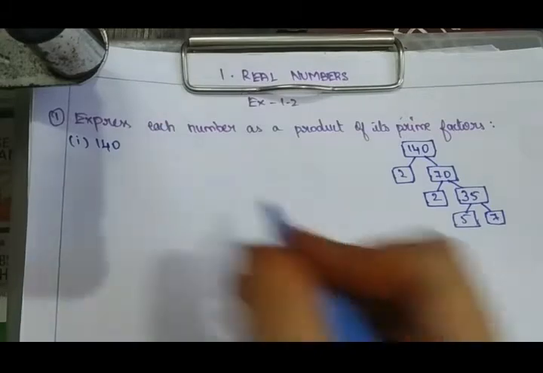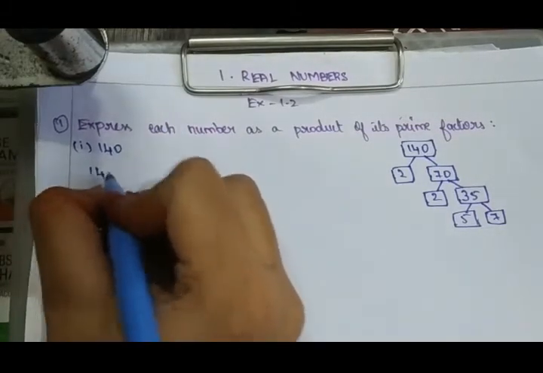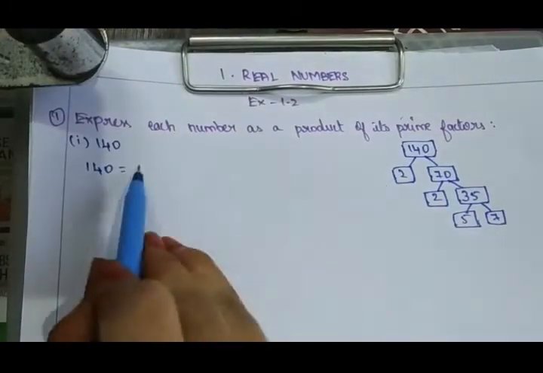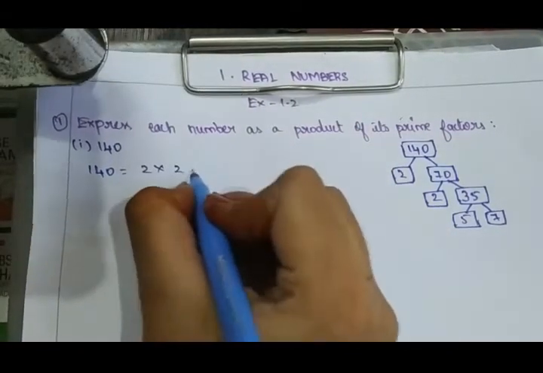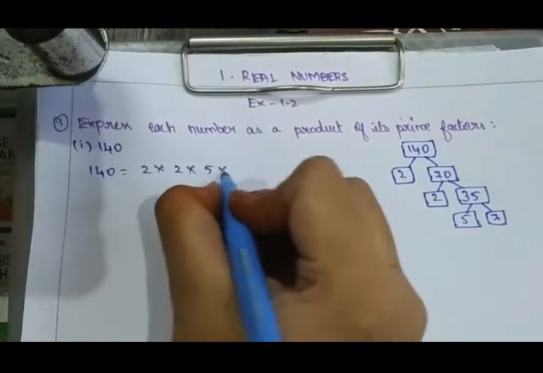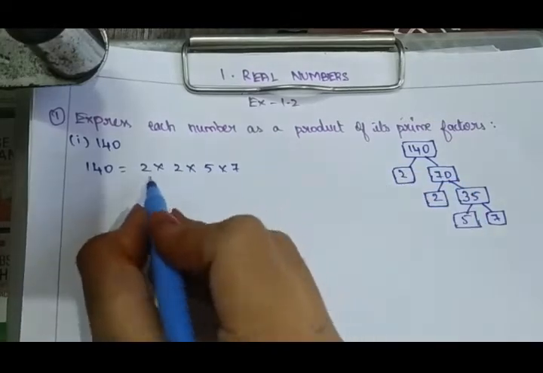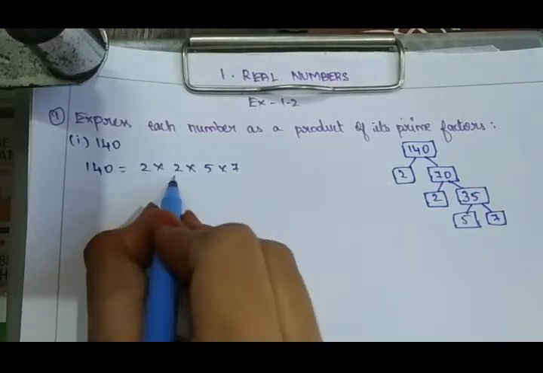So we can write this as 140 is equal to, just write in ascending order, 2 into 2 into 5 into 7.